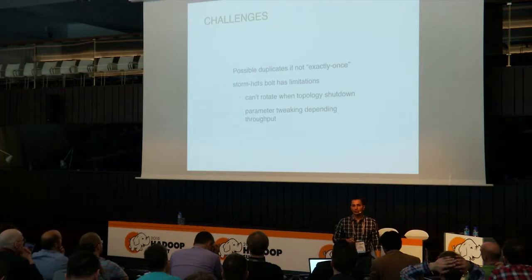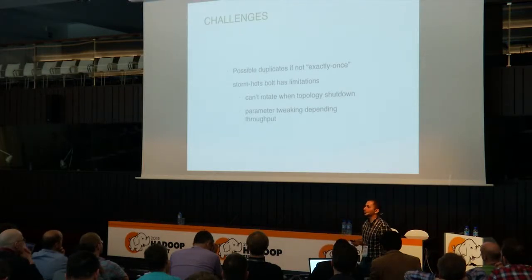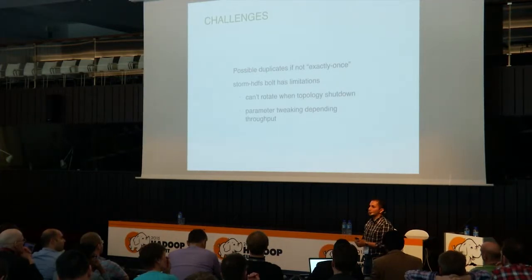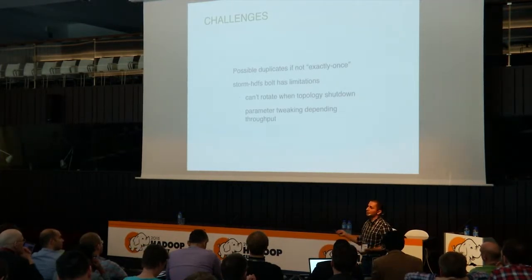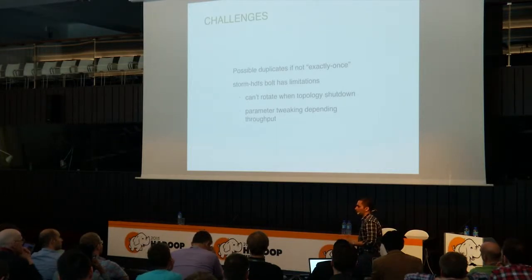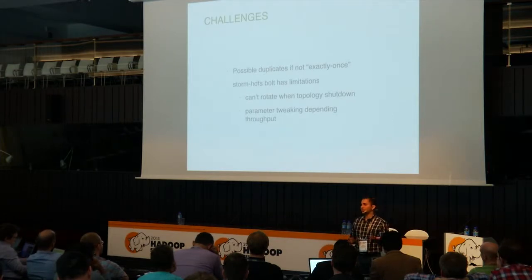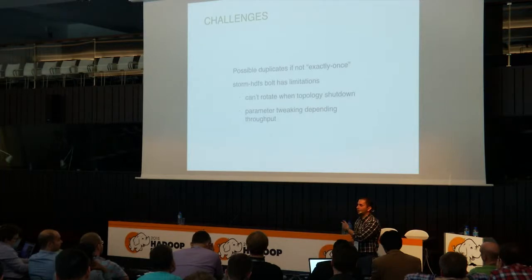The other limitation was that we didn't find a great way to have a set of parameters which would work for 2 messages a second versus 2 million messages a second. Some of the things that you can tune, such as the count of the number of messages for fsync, limited our ability to handle varied levels of throughput.